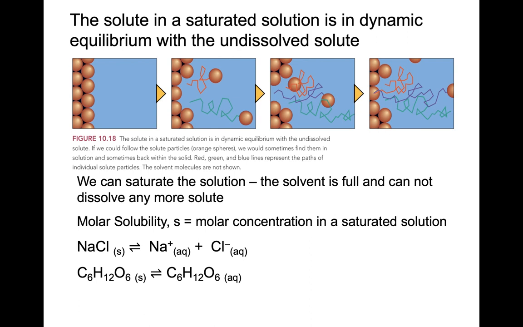We've fit as much sugar into that water as we possibly can. So you might remember how it's important to distinguish between ionic versus non-ionic compounds, right? Ionic compounds are often a metal and a non-metal combination, and a non-ionic compound tends to be all non-metals.